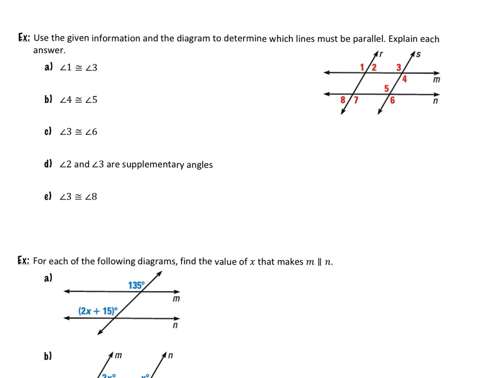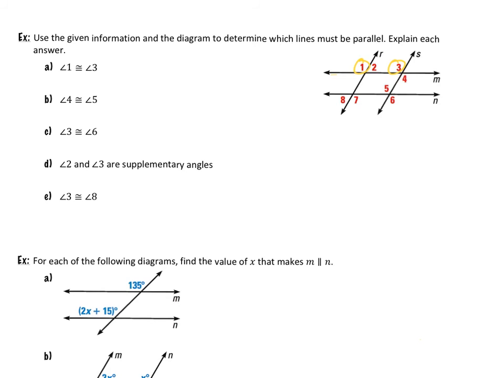In our next few examples, we're going to use the given information to determine which lines in the figure must be parallel. So we're going to look at first A, which says angle 1 is congruent to angle 3. Those are corresponding angles when line R and line S have M as their transversal.